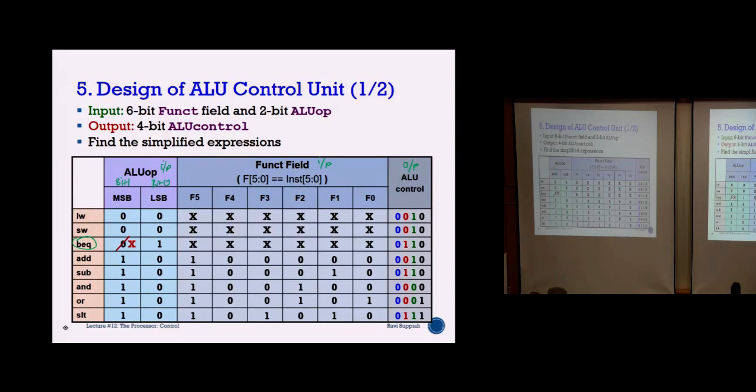You can see that BEQ is the only instruction where bit 0 is set to 1. In all the other ALU op combinations over here, you do not see any possible case of the ALU op bit 0 being 1.